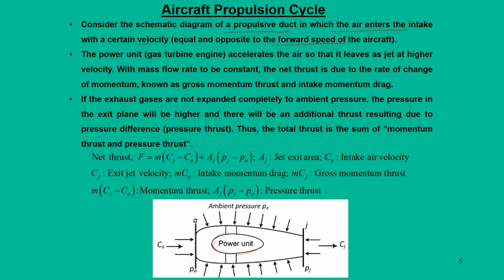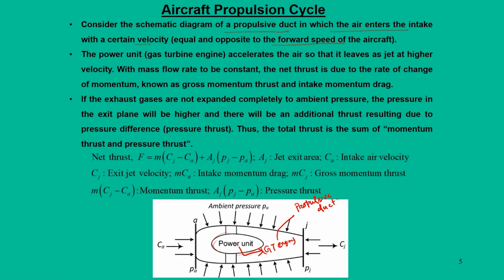So, basically air enters the duct; this is the power unit, or propulsive duct. This power unit is nothing but your gas turbine engine. That is the way we model it.